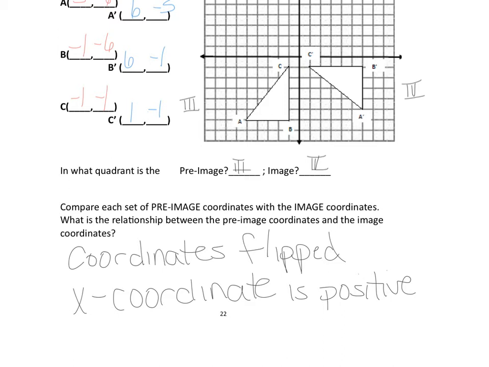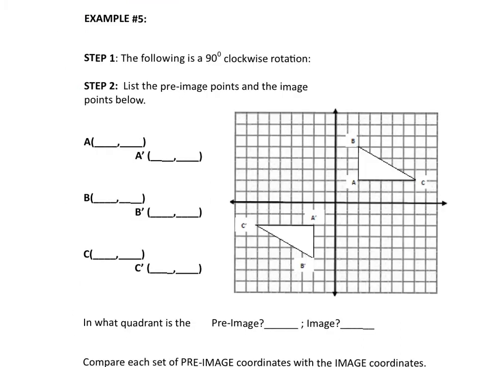This should make sense, however, when you look at where the pre-image and the image are, moving over the y-axis, you end up in a quadrant in which the x-coordinates are positive. So it makes sense that the x-coordinate would be positive when the coordinates flipped.